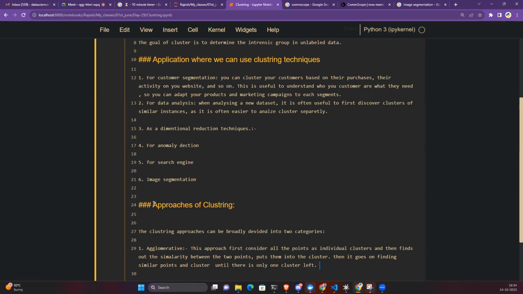That is, all points belong to a big cluster. This is also called the bottom-up approach.